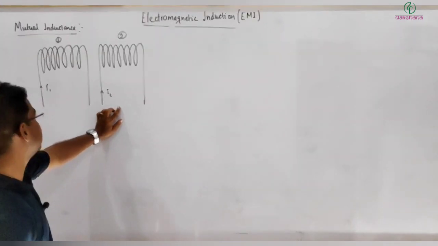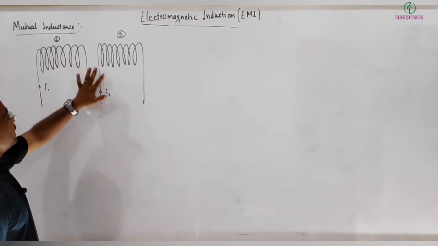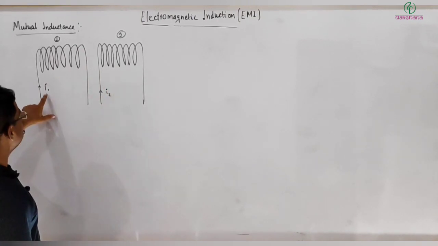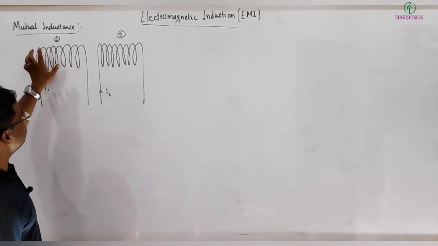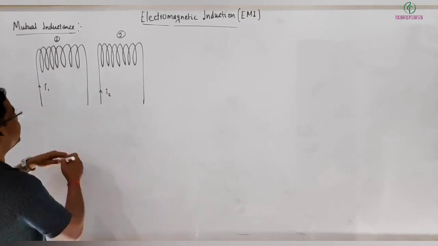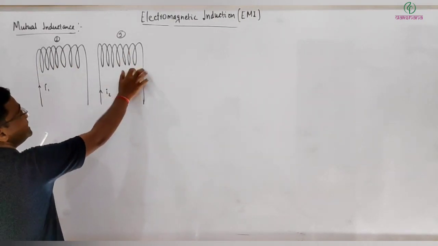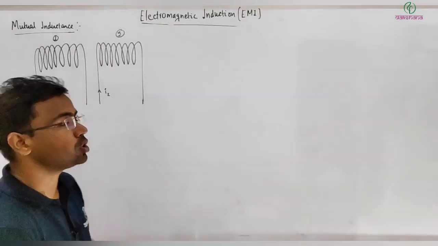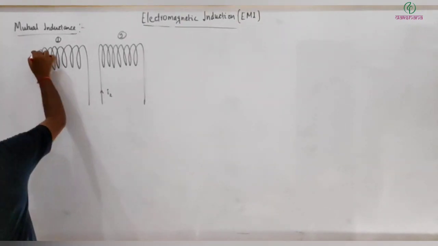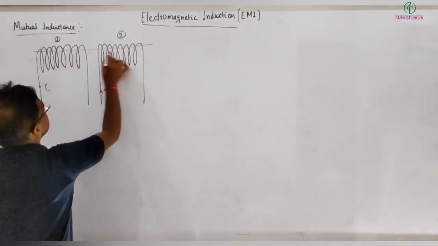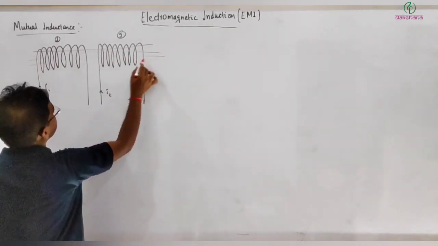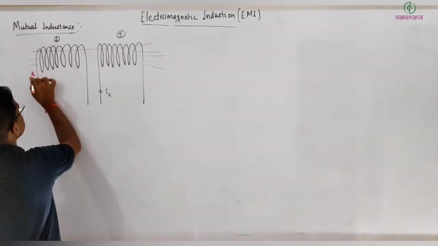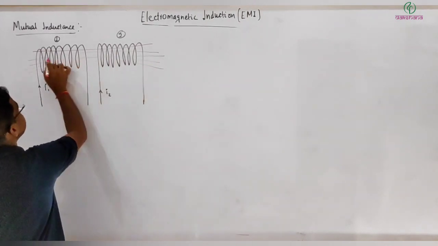If they are placed like this, due to coil 1 there will be a magnetic field, and these field lines will pass through coil 2. So the magnetic field lines of coil 1 will pass through coil 2 also. You can see it here. So these are magnetic field lines.